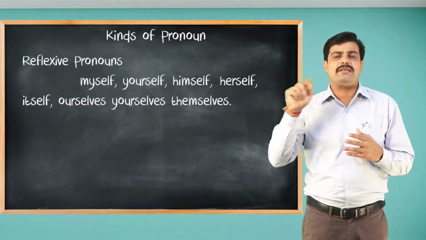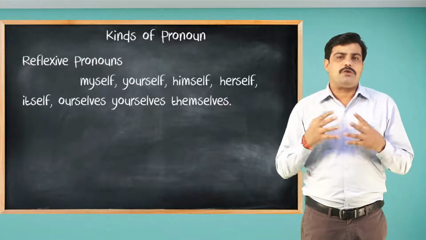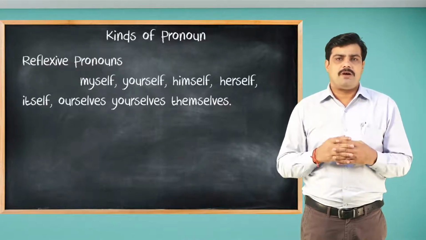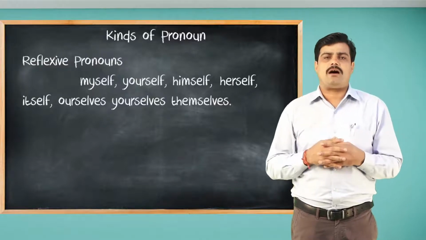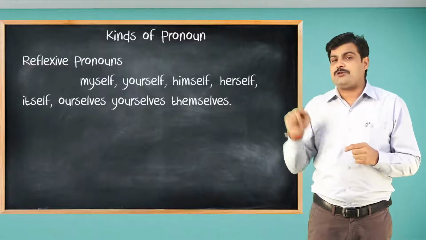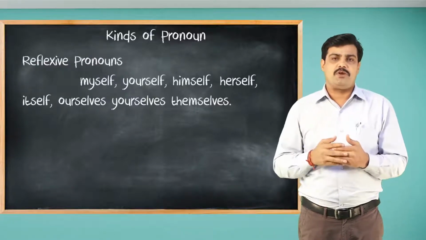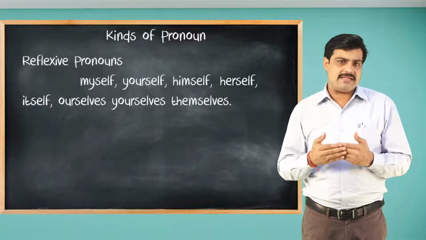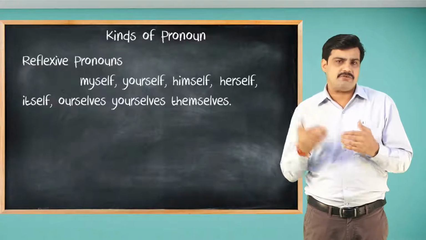We add self just after them. So myself, yourself, herself, himself, itself, ourselves, all these are reflexive pronouns. And all these reflexive pronouns are also emphatic pronouns when we emphasize anything. We use these also. The uses I will tell you later on.